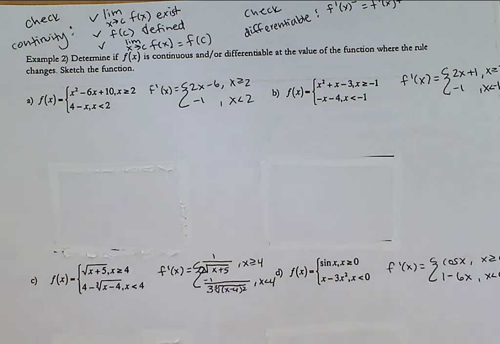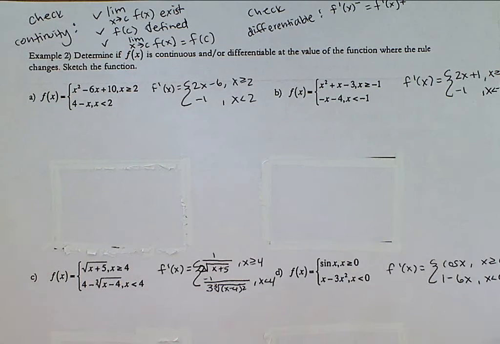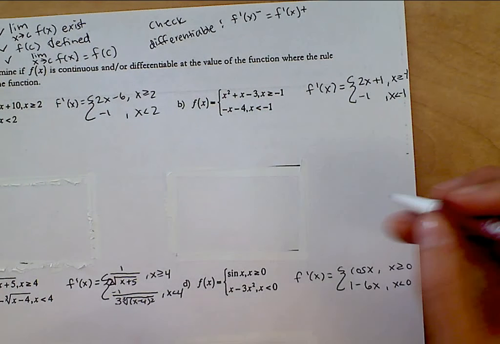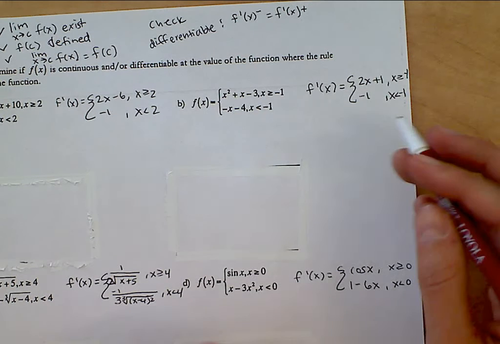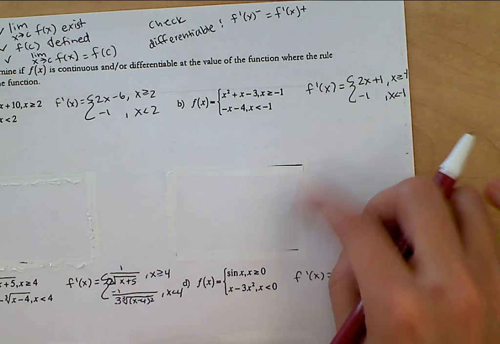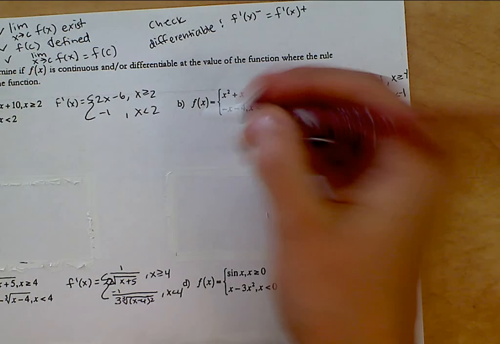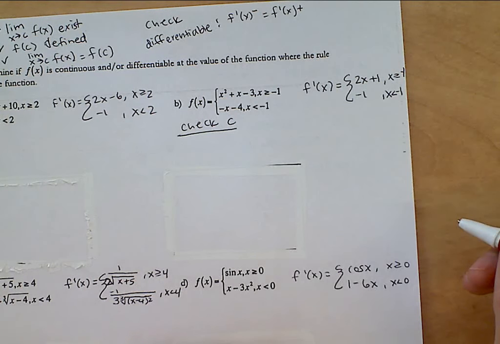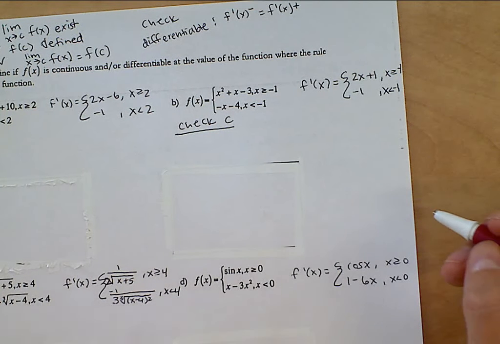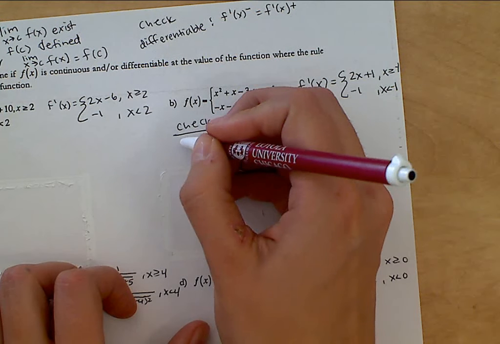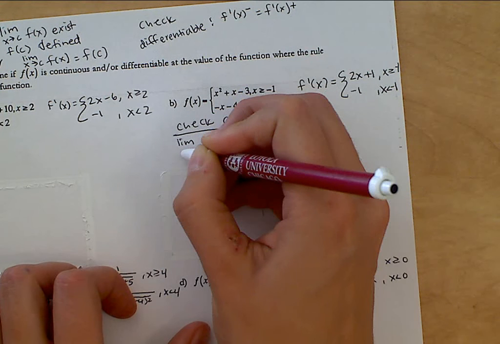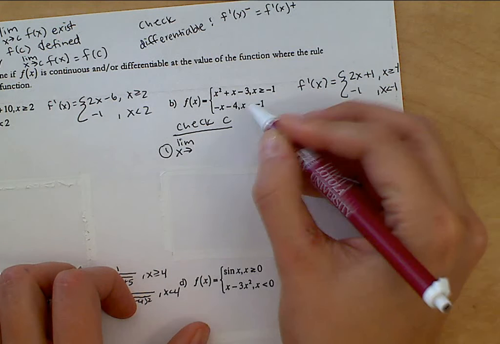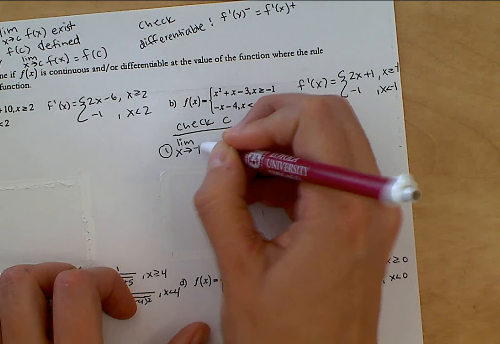Period 1, we did problem A together, so we'll do B right now. We'll start by checking if it's continuous. You can also see I whited out those boxes because they were annoying to me. First, does the limit exist? Step 1: the limit as x approaches -1 from the left of f of x.